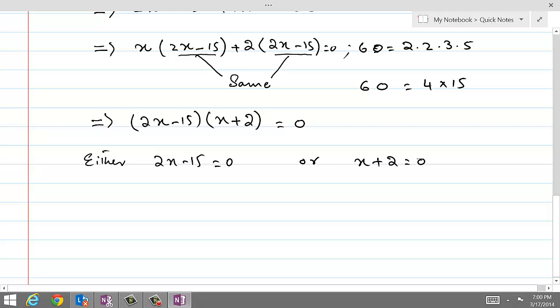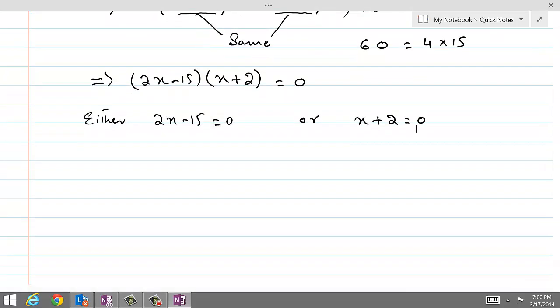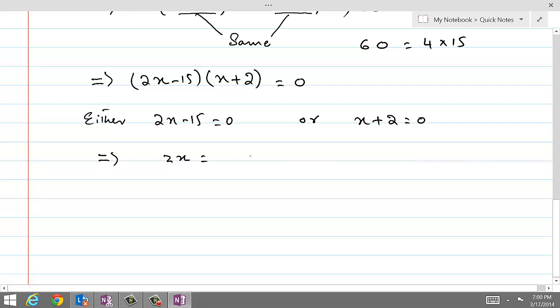0. Now this problem has been reduced to simply solving two linear equations by isolating x on one side. Here, 2x is equal to 15, and then dividing both sides by 2 will give us x is equal to 15 over 2.